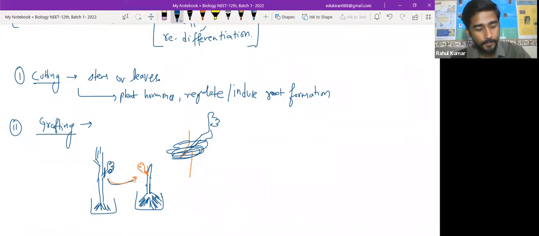So write down, in this process, in grafting, the cutting from some other plant is attached to the stem of a plant that is rooted in the ground.